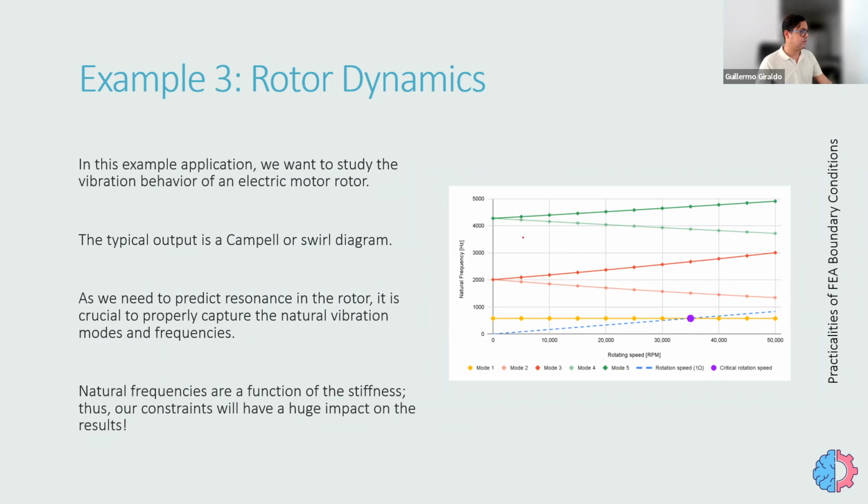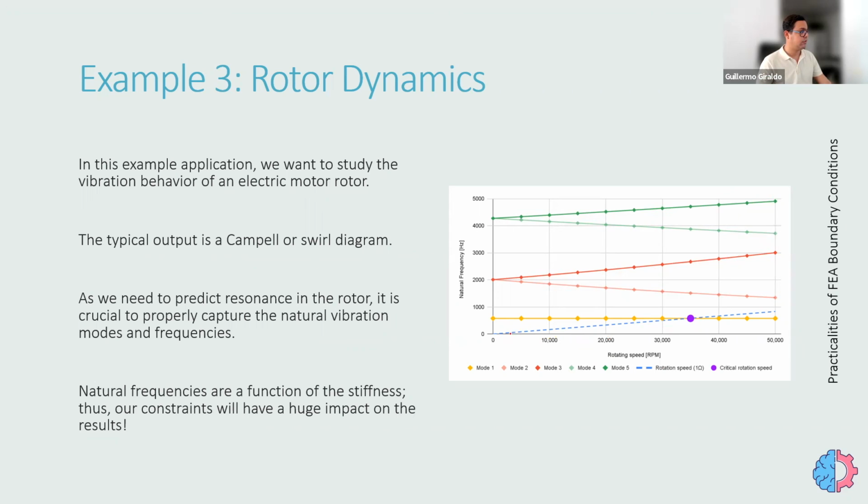For this, we have a Campbell diagram, which plots the evolution of the natural frequencies of oscillation because we are including the gyroscopic effects due to the rotational speed. As we accelerate, you can see that some of the frequencies change.